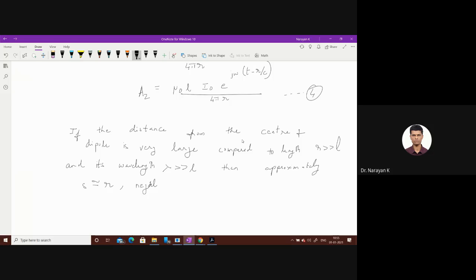neglecting the phase difference of the field contribution from different parts of the dipole.